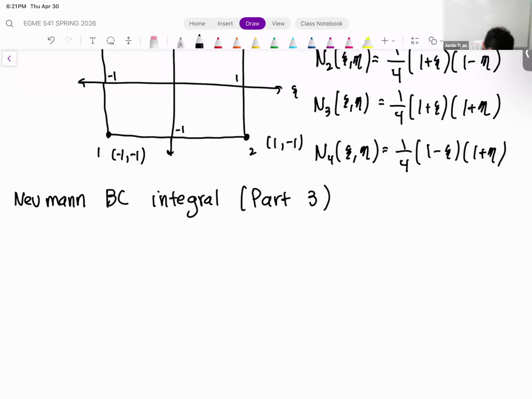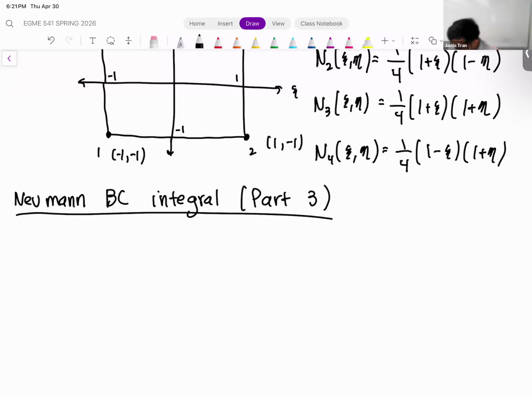Now, this is going to make part 3 seem very simple, but what makes part 3 difficult is not necessarily the integral that you're computing. The integral is actually quite simple. It's the details in terms of how you determine where the Neumann boundary is. So the challenge of part 3 is in the programming, not necessarily in the math or the logic here.